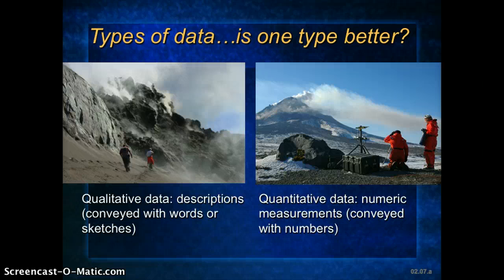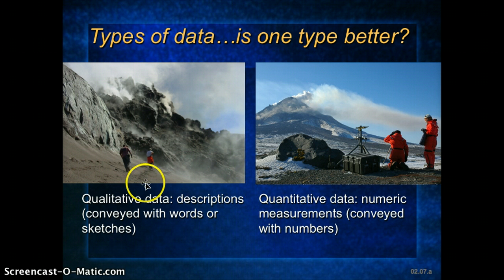Descriptive data can be excellent data, and can be very useful. So what we have to do is realize that there are strengths and limitations to both kinds of data, and we just have to take that into account as we use it. We shouldn't necessarily be giving priority or preference to quantitative data just because it's a number.